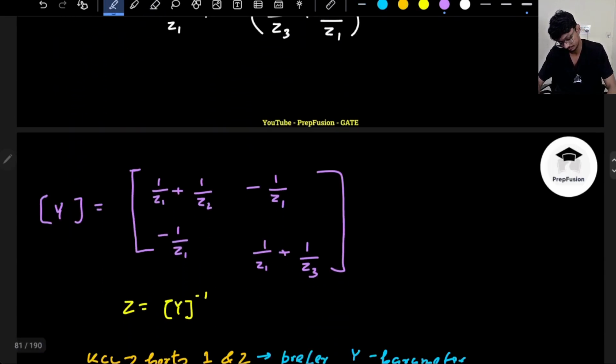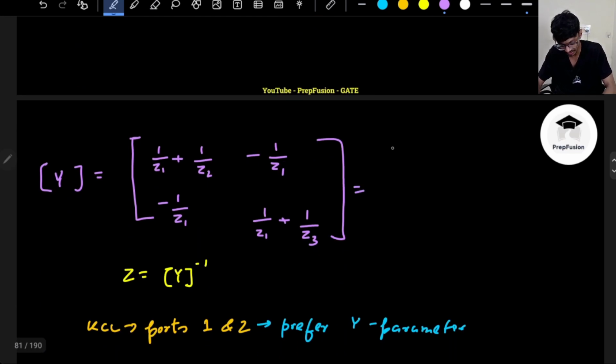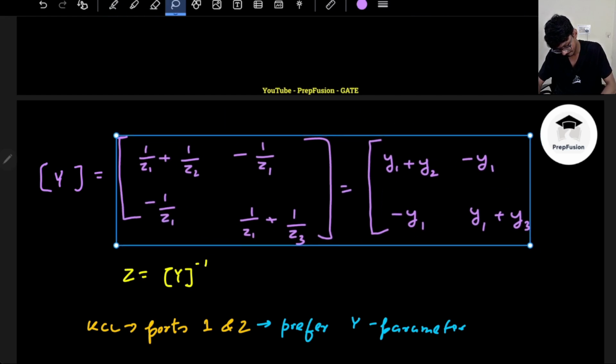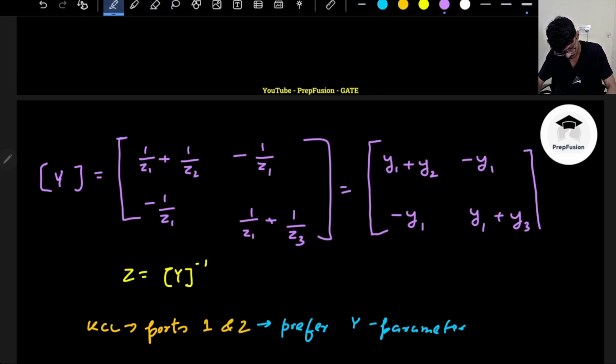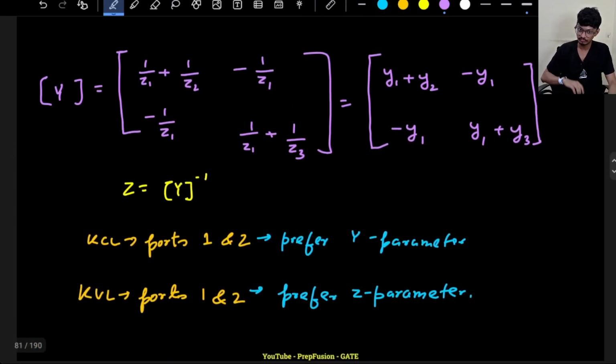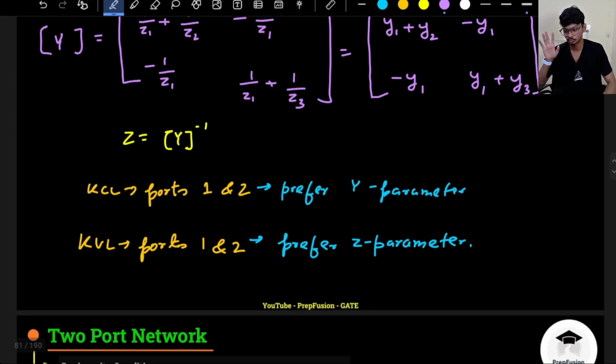So this will be y1 plus y2, minus y1, minus y1, then y1 plus y3. This is how you write the admittances. It is similar to the star network for the z parameter. You can remember it, but I don't recommend remembering it. It's totally up to you.